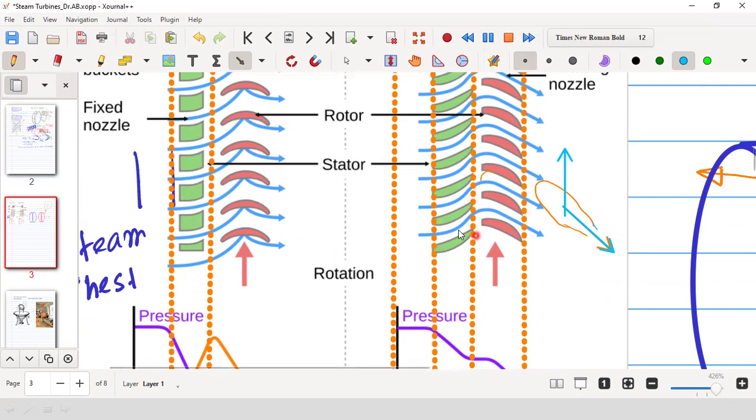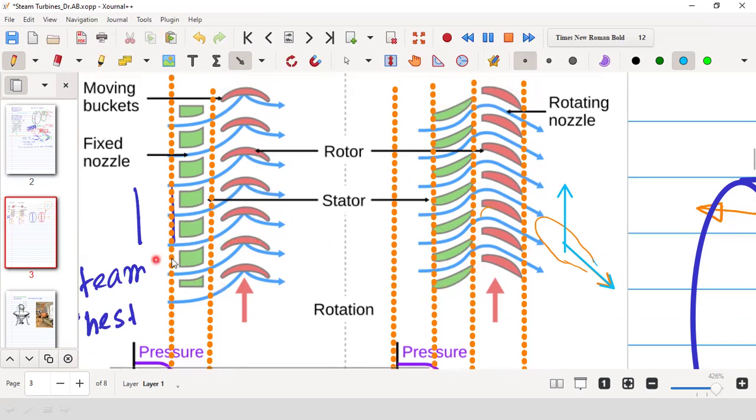Okay, let me repeat. What is the principle of impulse? I told you in the last class that, for example, you are hitting a cricket ball with a bat, right?